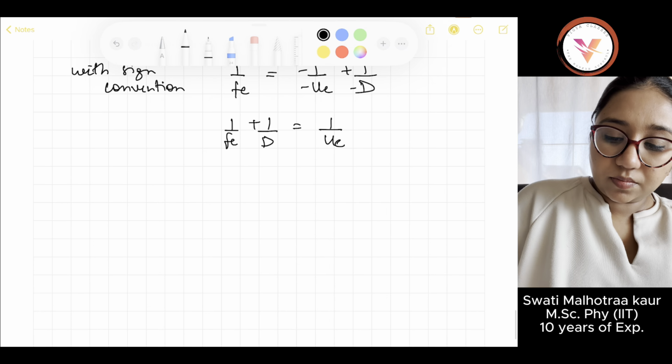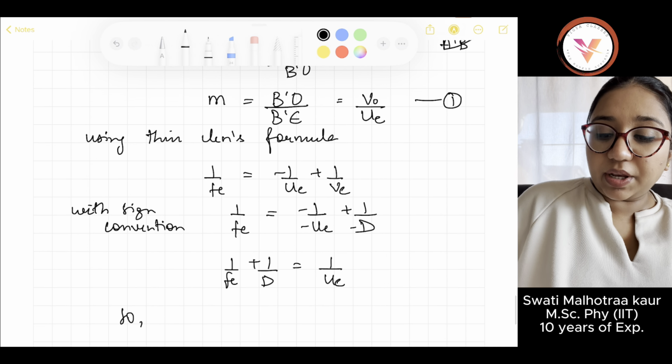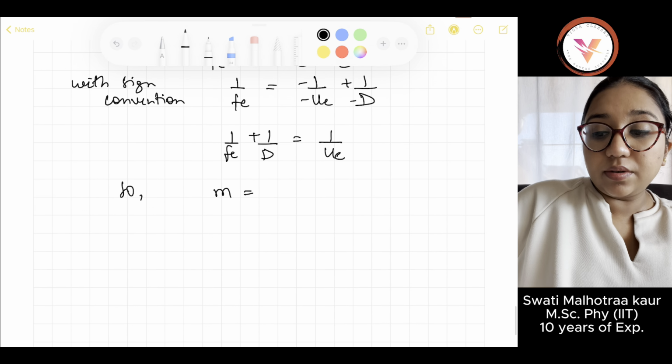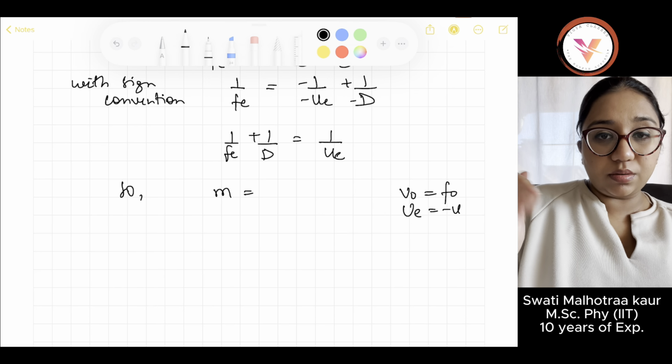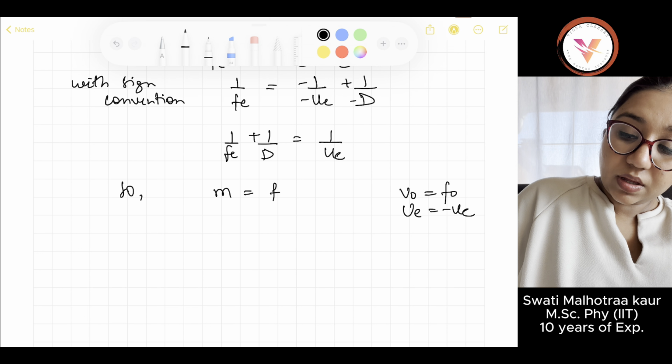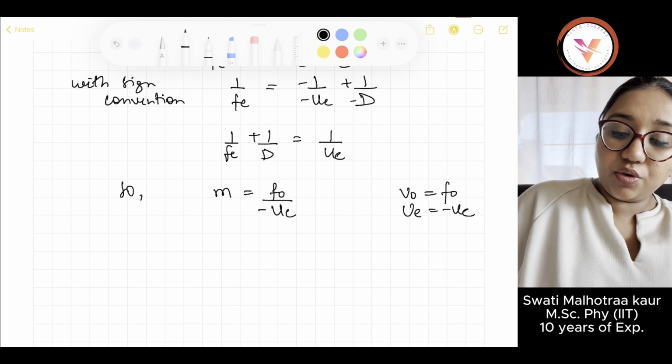So if I check this magnification M, then VO is your focal length and U is minus UE because it is on the left with sign convention. And now you can put the value of UE here.